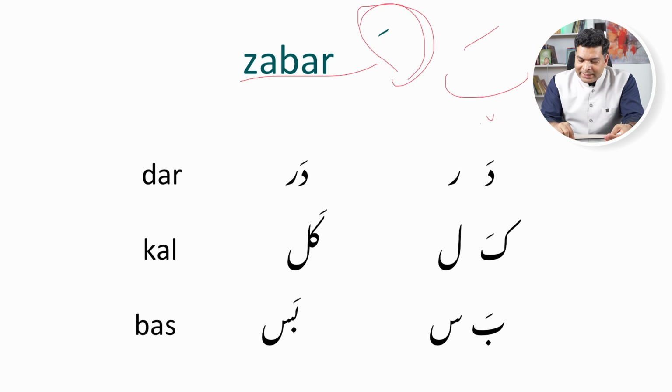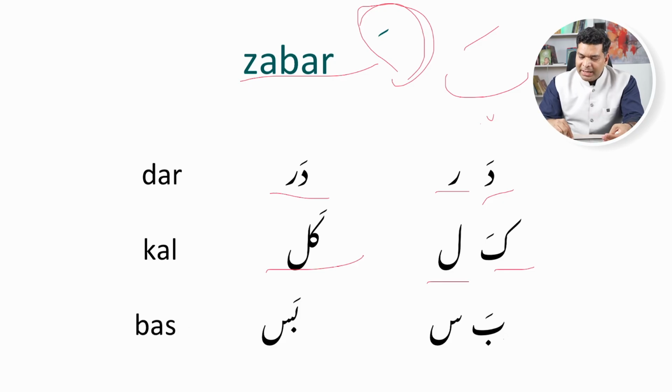It could be Dal Zabar, and the sound would be da. Now combined with dal, zabar and re, it will become dar. Similarly, kaf, zabar, ka, combining with lam, it will become kal. Be, zabar, ba, combining with seen, it becomes bas. Right?